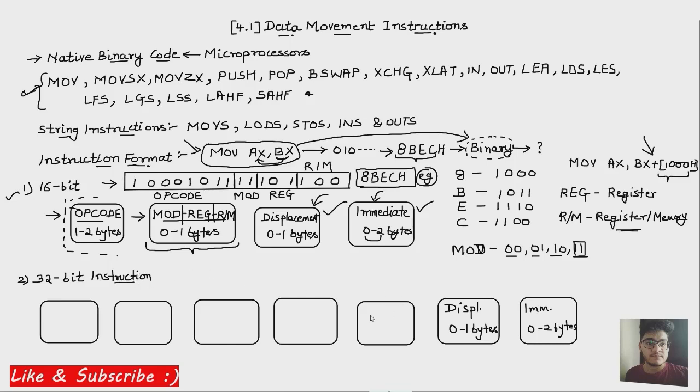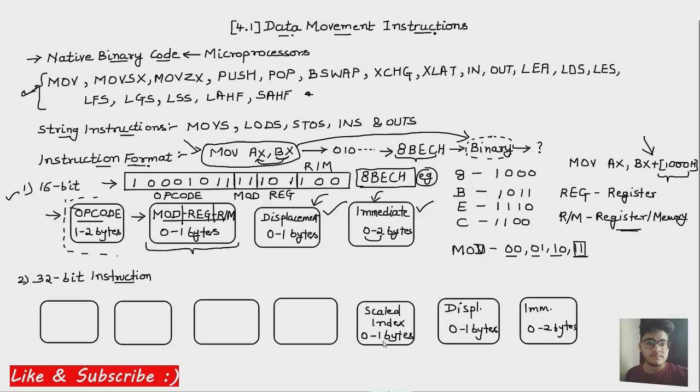Then after displacement, this field is known as scaled index, right? It is not there inside of the 16-bit instruction, but it is there inside 32-bit, and the size is 0 to 1 bytes, right?